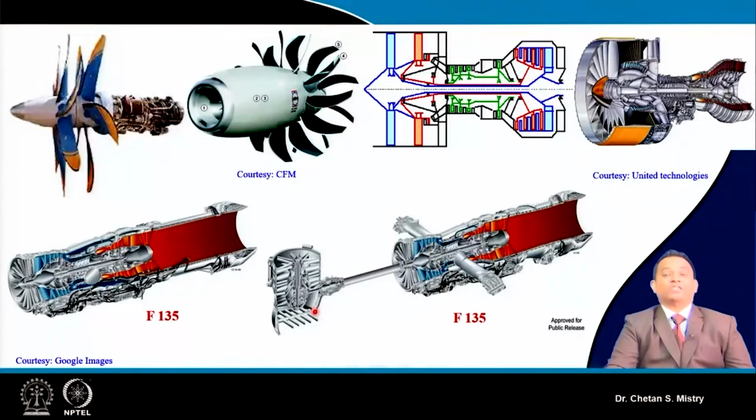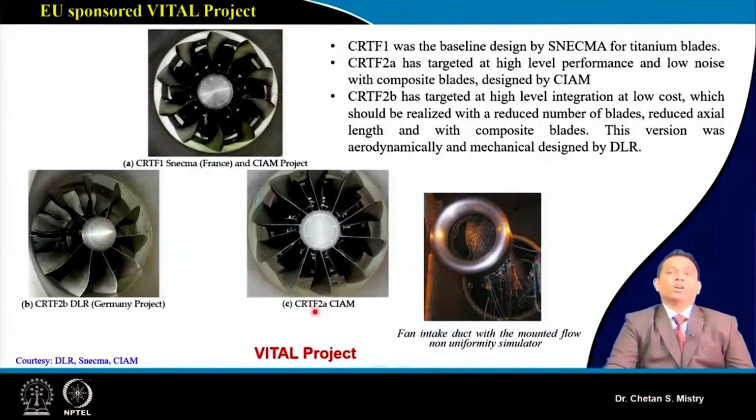Now in parallel in Europe, there was a project initiated 10 years back, called the VITAL project, and for that project different organizations were involved, like SNECMA, Swayam Lab Russia, and DLR. They designed three different kinds of configuration with different materials and different aspects.